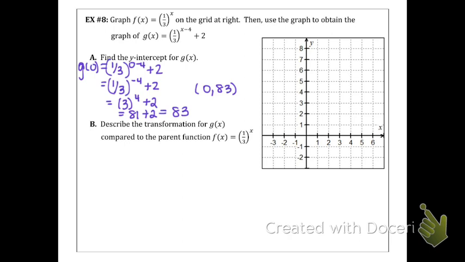And describe the transformation for g of x compared to the parent function f of x equals 1/3 to the x. So what is our transformation here? Let's look. We have the x minus 4, which means we're going to have a horizontal translation to the right 4.